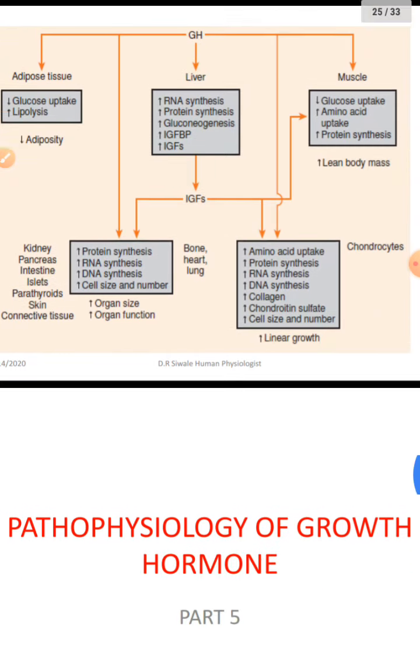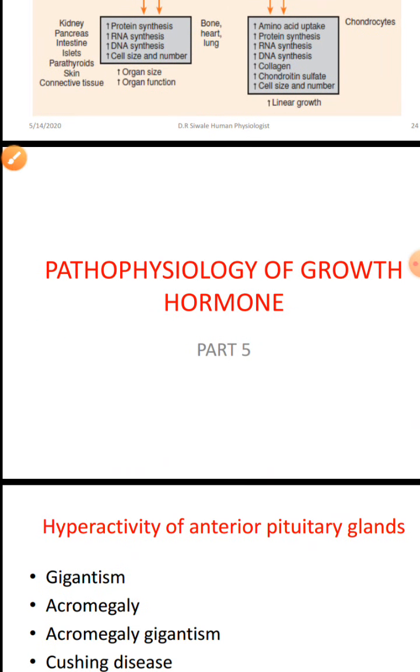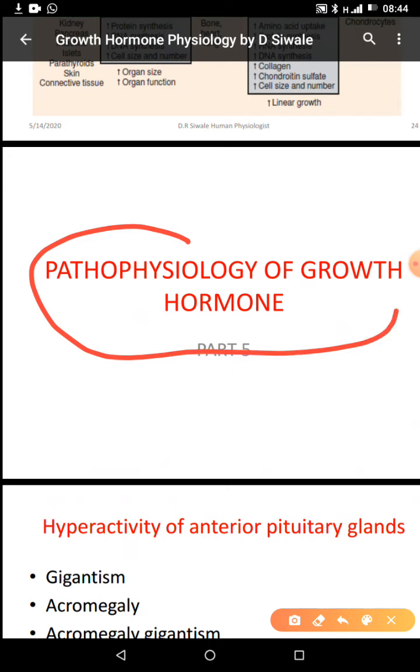Now, in terms of pathophysiology of growth hormone, it's important to know that it includes deficiency or excess of the hormone, with predictable effects on linear growth, on organ growth, and on carbohydrate and lipid metabolism.